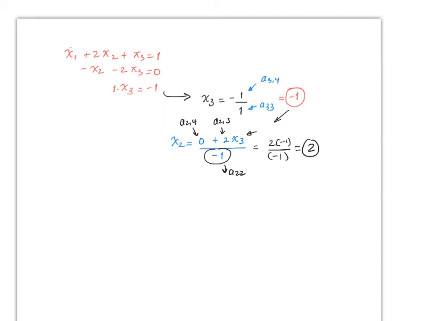Now finally, before I do the last part, remember that the formula was this: xi is equal to a_i,n+1 minus the sum for j equals i+1 to n of aij xj, everything divided by aii. Also notice that this is technically just bi.